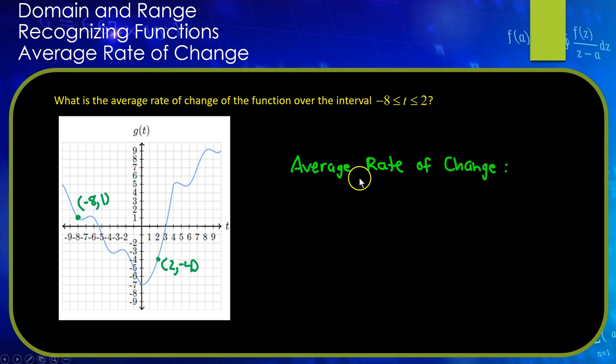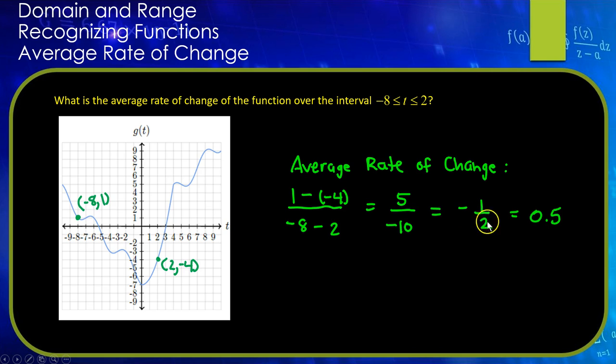So when I do my average rate of change, I'm going to use the y coordinates, if you want to consider it that way, 1 and negative 4, over the t coordinates, negative 8 and 2. That's how I can set up my subtraction. 1 minus a negative 4 is 5. Negative 8 minus 2 is negative 10. 5 divided by negative 10 becomes negative 1/2, which is also negative 0.5.